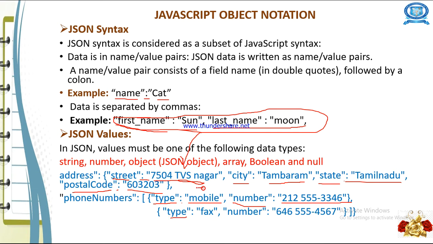This is for the mobile number, and this is for the fax number. So these are some of the examples explaining the JSON concept.